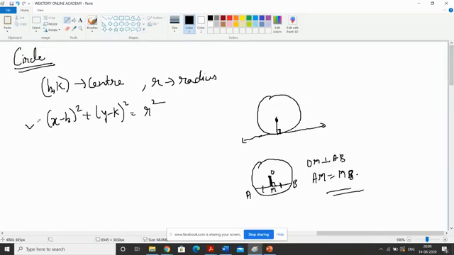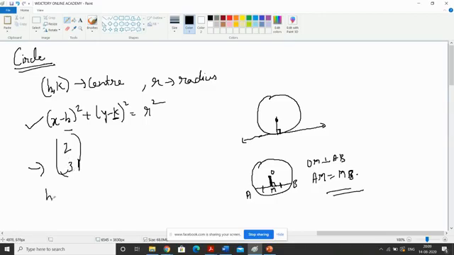Mostly we'll be dealing with x minus h whole square plus y minus k whole square is equal to r square. If you are shifting the h and k by some, like 2 and 3, it means on x-axis we are shifting by 2 units, and y coordinate is shifting by 3 units.